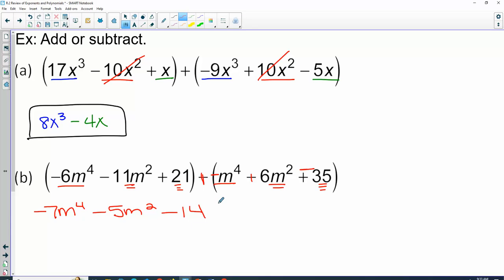Do we need more addition and subtraction? Do you guys remember how to multiply? Let's try a couple and make sure we know.